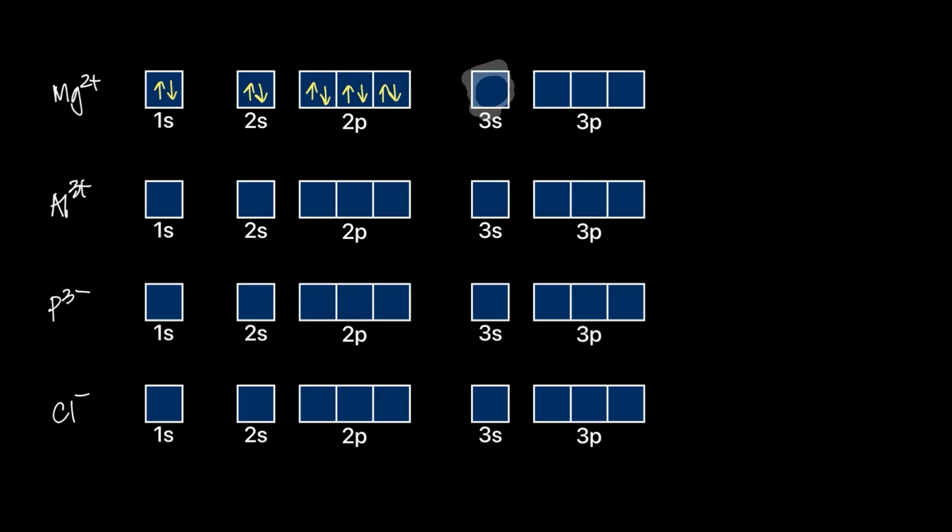Aluminum has how many electrons? 13 electrons. So 1s2, 2s2, 2p 1, 2, 3, 4, 5, 6. That's 10 electrons. 11, 12, and then 13. So aluminum is, again, 3+. You may understand that the order in which they are lost is the reverse of the order in which they are filled.